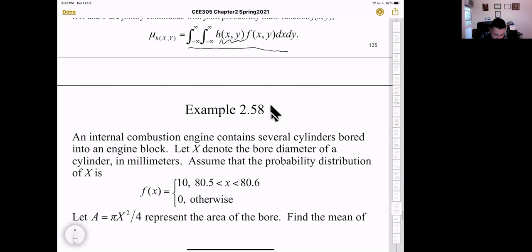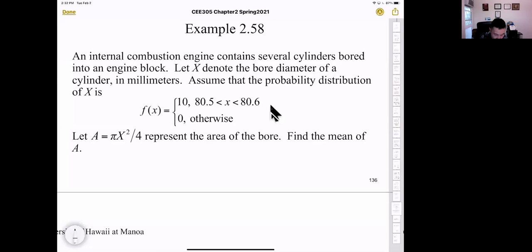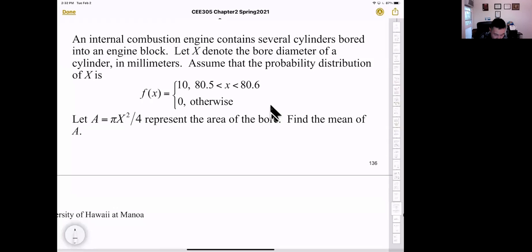And then let's look at another example here. An internal combustion engine has several cylinders bored into an engine block. X is the bore diameter of a cylinder in millimeters.